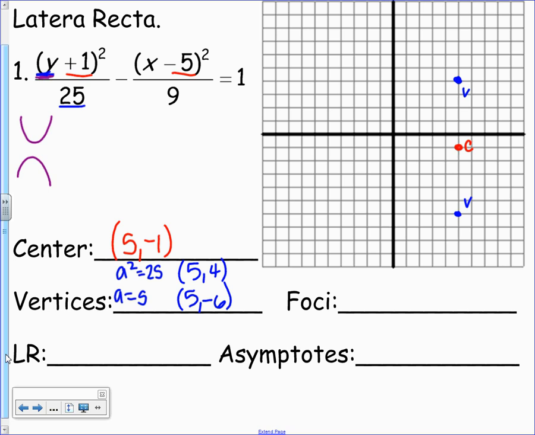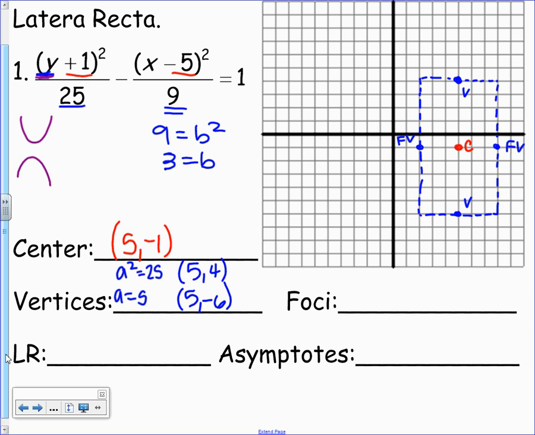All right, and let's find my fake vertices as well. These are going to be found by b squared, so b equals 3. 1, 2, 3. There's a fake vertex. 1, 2, 3. There's another. And what happens here is that this creates for me a magic little box that's going to help me find my asymptotes.